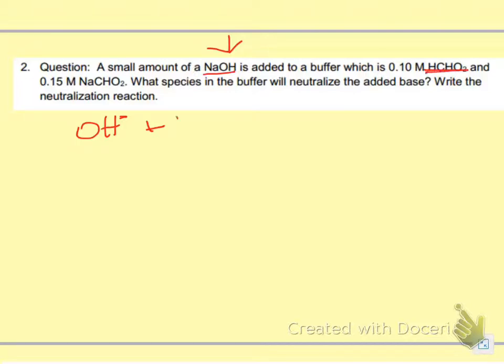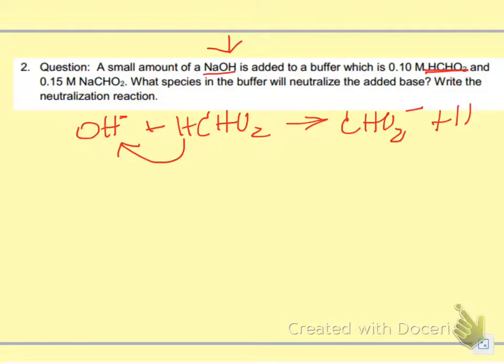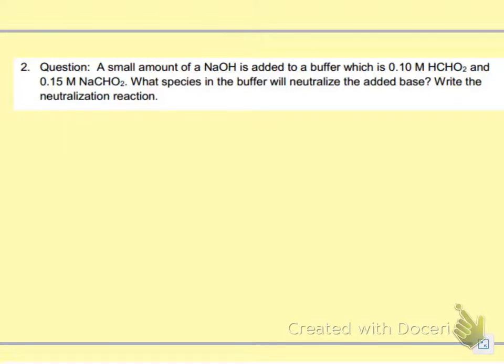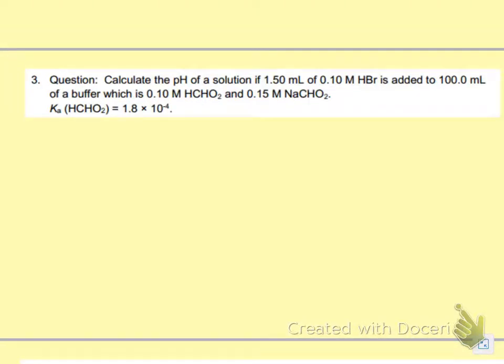My acid is here. And the proton is going to get donated. I'm going to end up with CHO2 minus plus water, right? So that's going to do that. Okay, I think I just put these in twice.